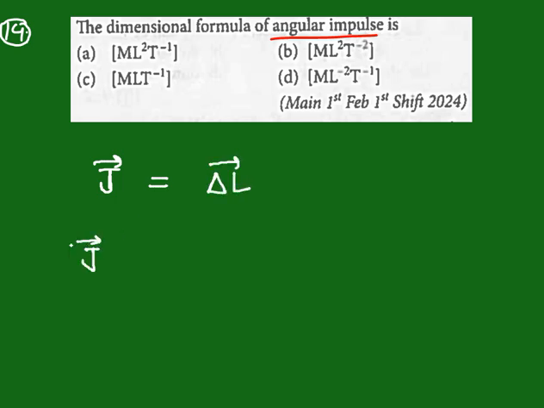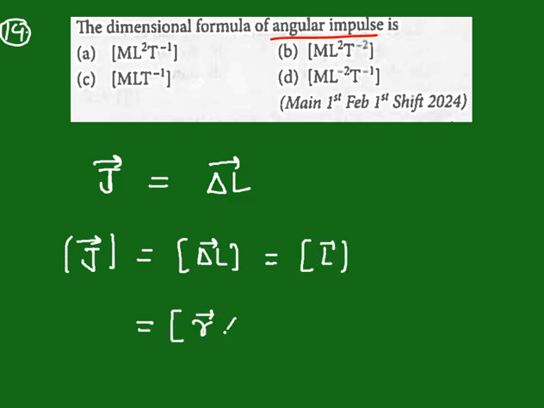It means the dimension of J can be written as the dimension of angular momentum or change in angular momentum. So the angular momentum is written as r cross p, linear momentum. So r is L and linear momentum is mlt minus 1. So we can write ml2 t minus 1.